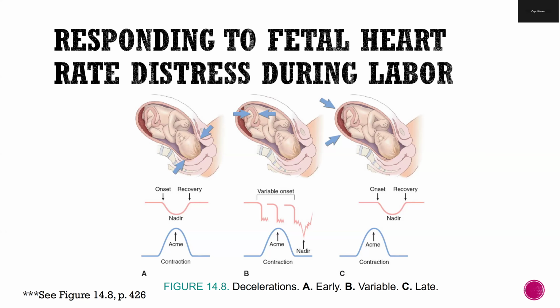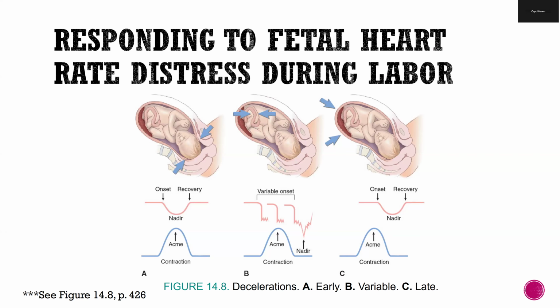B for variable decelerations reminds you, in this picture, that the cord is being compressed. C for late deceleration reminds you that there's something wrong with the placenta. It's not allowing enough oxygen to come from mom to baby. Okay?